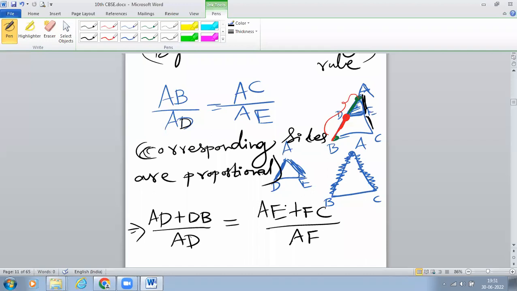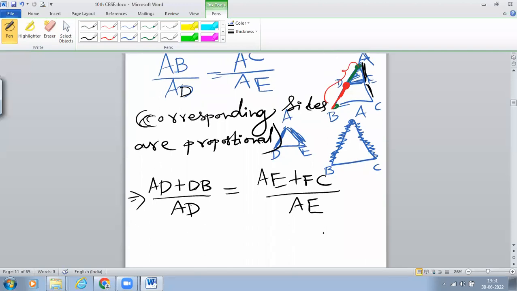Okay, please write it correctly. AD plus DB whole divided by AD is equal to AE plus EC divided by AE. Have you all written this?